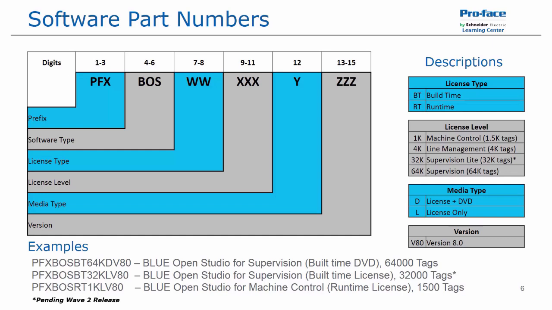So the examples at the bottom, the top one is a 64,000 tag build time DVD installation media license. The second one is a 32,000 tag build time license only. And the bottom one is a runtime license for 1,500 tags.